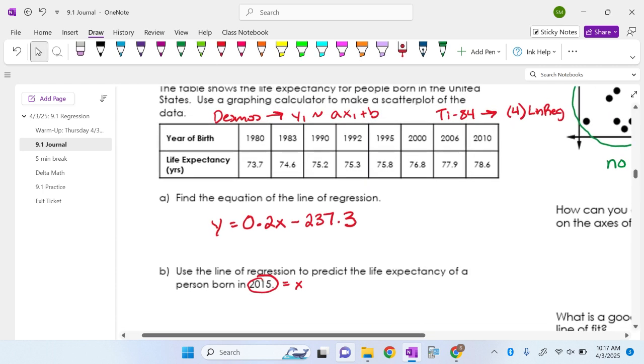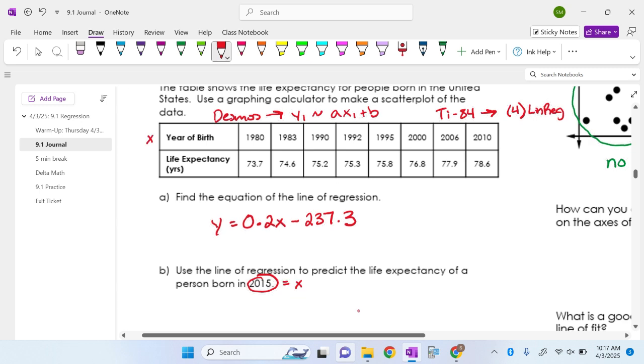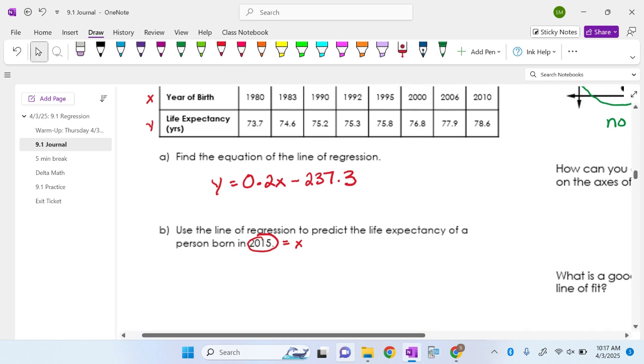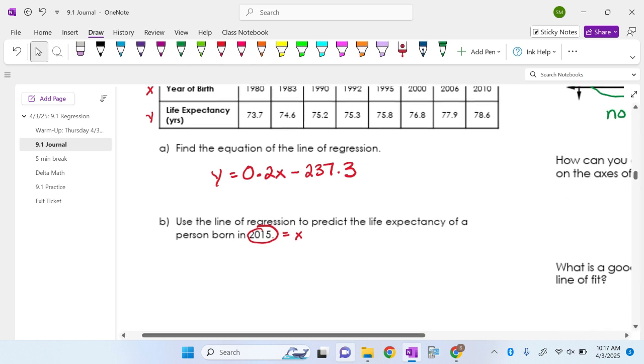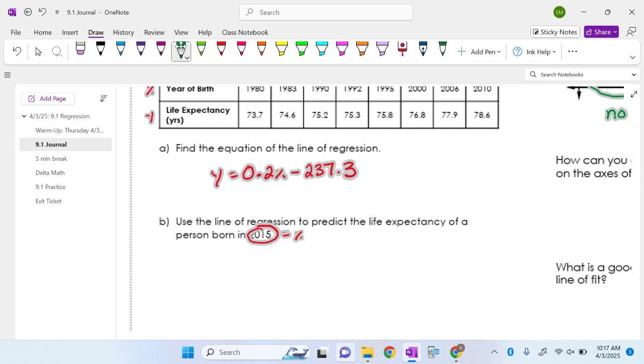If we look back up at our table, the year of birth would definitely be our X value. So, what do you think I'm going to do with that 2015? Plug it in for X and evaluate. So, I would get 0.2 times 2015 minus 237.3.